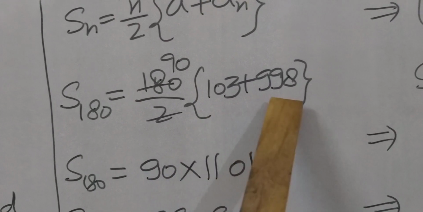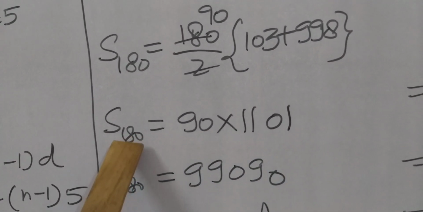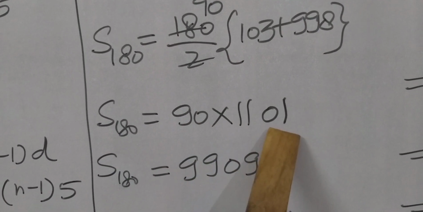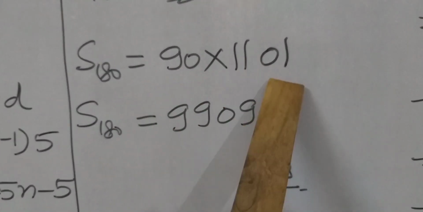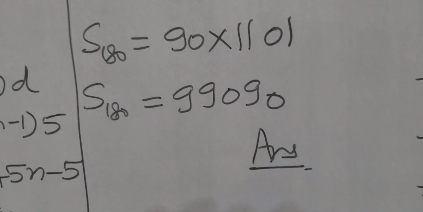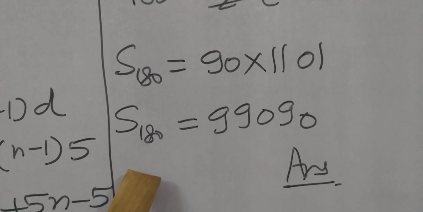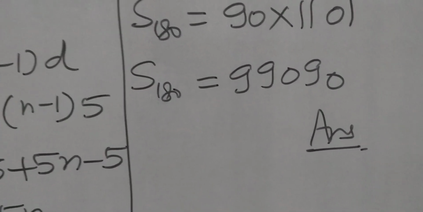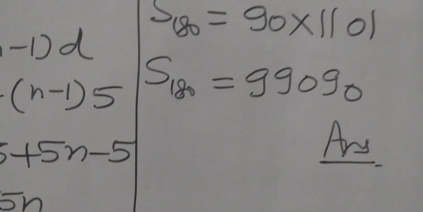Add both of them: 1101. S180 equals 90 into 1101, which equals 99090. So this is the sum of all 3-digit numbers which give remainder 3 when divided by 5.